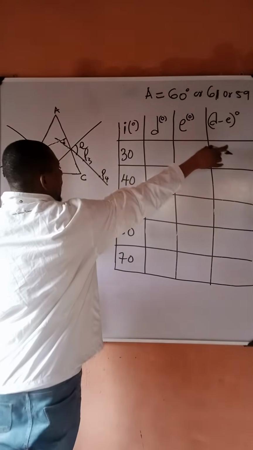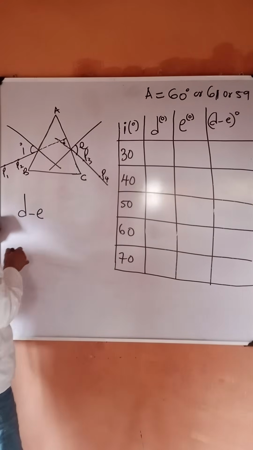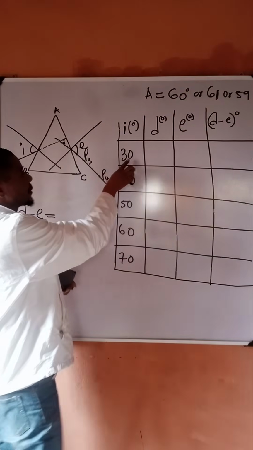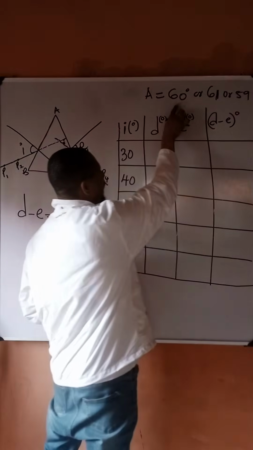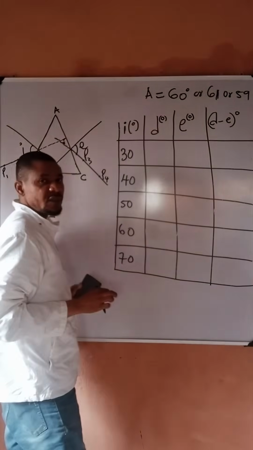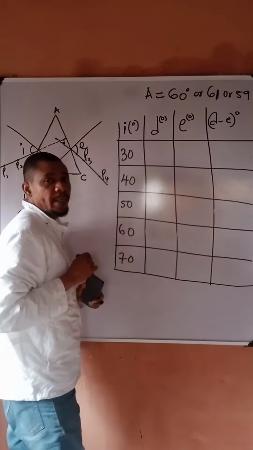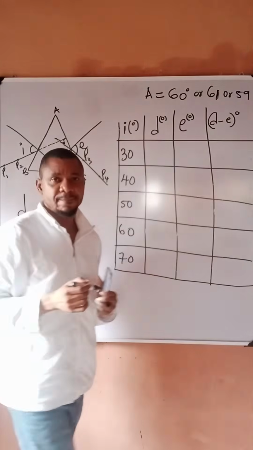Okay, so for me to get it now, I will use the formula that D minus E is always equal to this angle, which is called the incident angle, minus any of this that you are using. If I am using this, I will say 30 minus 60. If I'm using 61, I will say 30 minus 61.